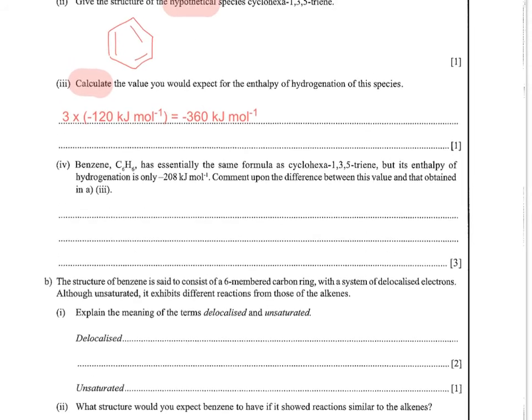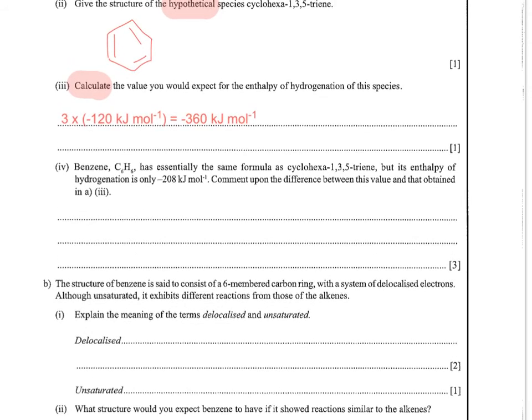So looking back at the question, there's your cyclohexa-1,3,5-triene. It might be helpful at this point, you wouldn't have to put this in, but just to actually draw it out next to that skeletal formula to remind yourself exactly, as in displayed form, what you're looking at. So even though the question doesn't need it, you might find it useful to pop a displayed formula up there so you can see what you're dealing with.